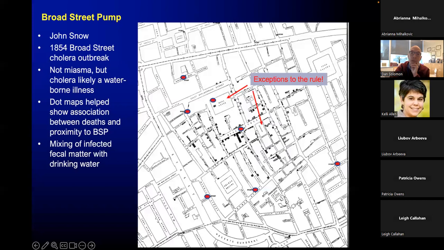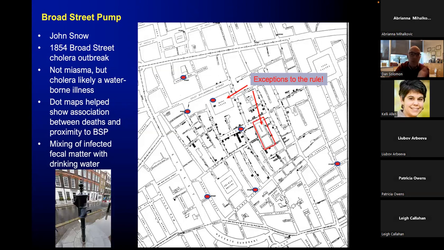And you can see that through this mapping of cases and mapping of the presumed exposure, these pumps, John Snow was able to develop the inference that the pumps, specifically the Broad Street pump, was causing the cholera outbreak. And again, this was borne out through understanding that there was a mixing of fecal matter with the water being pumped through the Broad Street pump.